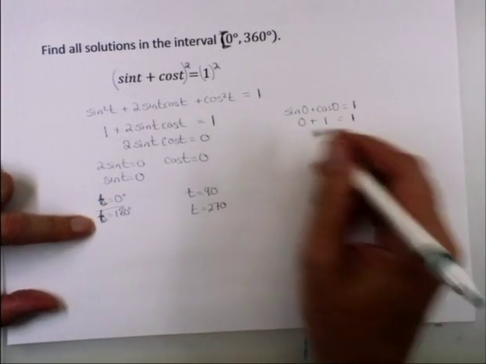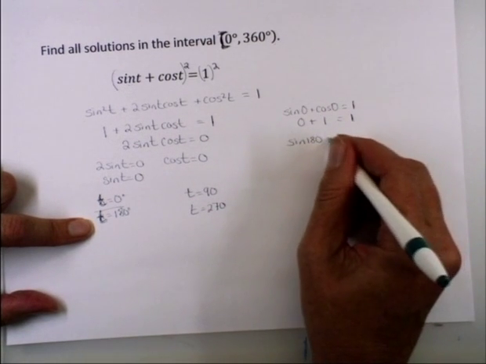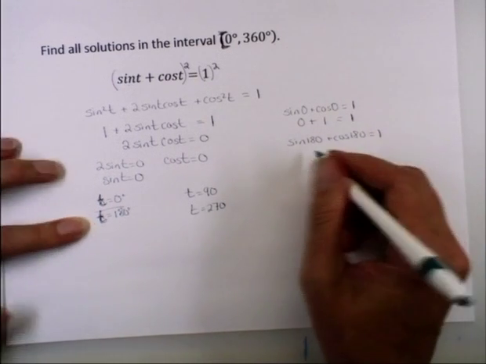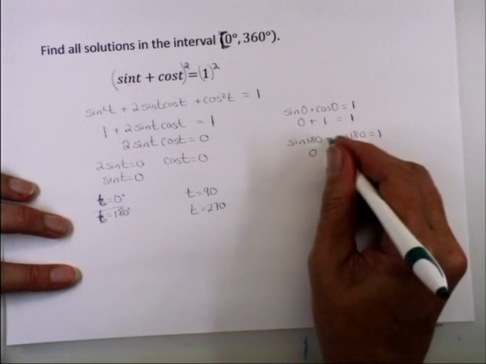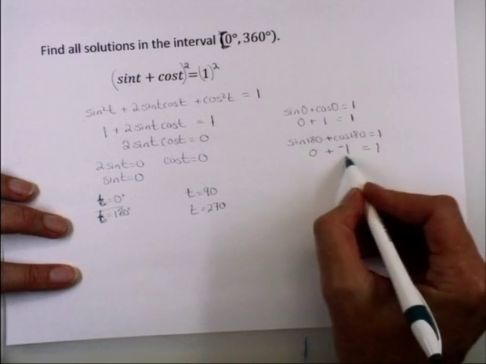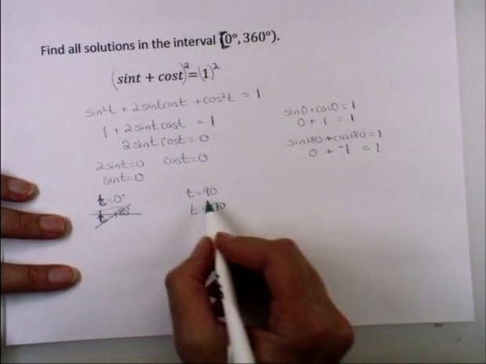Yes, this is a solution. Then I check the next one, the sine of 180 plus the cosine of 180, and I want to know if that equals 1. Well, the sine of 180 is 0, the cosine of 180 is -1. So this one does not work. So I have to cross that one out.